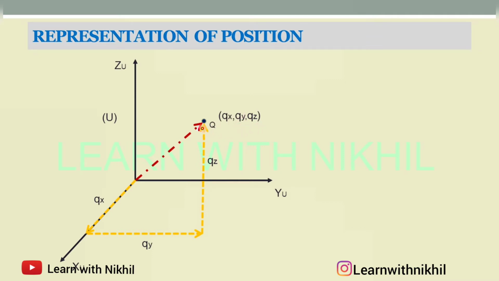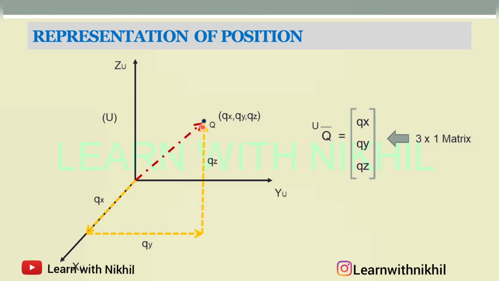Then this Q point will be the combination of these 3 lines, that is qx, qy and qz. Now to represent this point Q with respect to this universal coordinate system, you have to find the vector of Q. It is represented as Q bar. Q bar is nothing but a vector, and it is represented with respect to U in matrix form, which is Qx, Qy and Qz, a 3 into 1 matrix.